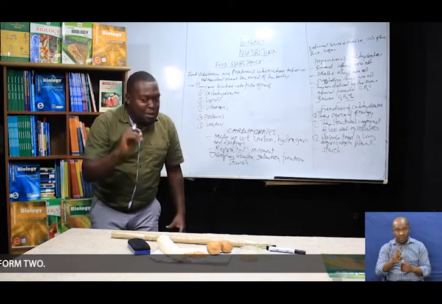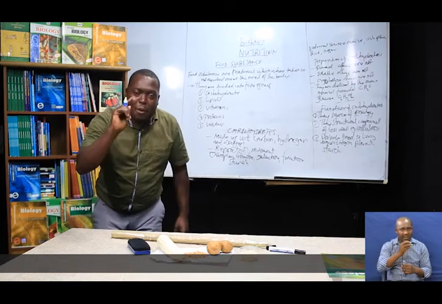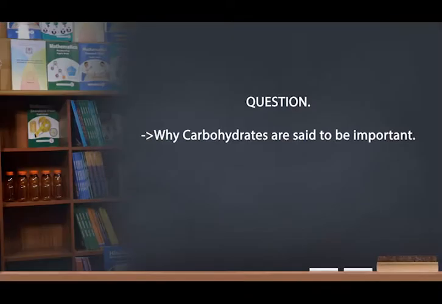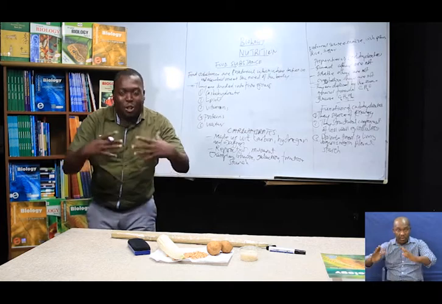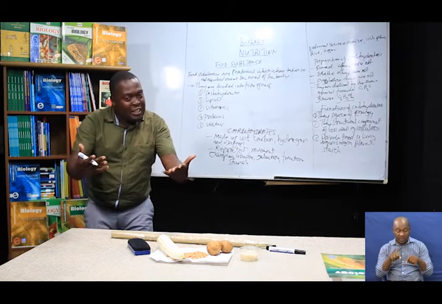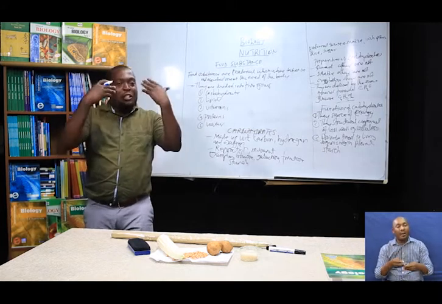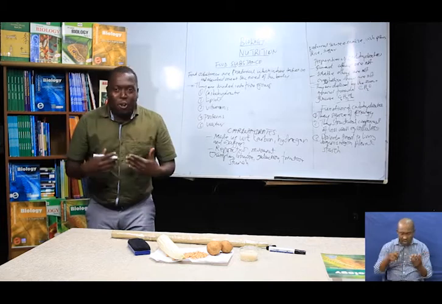The question is: why are carbohydrates said to be important? I'm repeating. Why are carbohydrates said to be important? So, my dear student at home, attempt this question, and in the next period, I'm going to give you the answers, and you are going to observe if you are right or not.